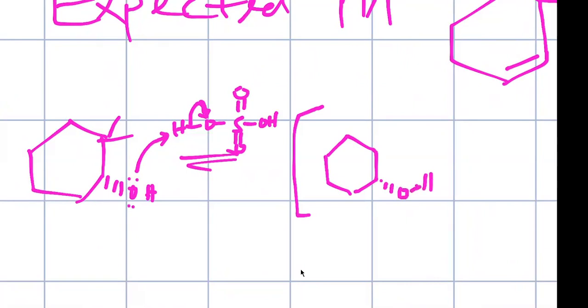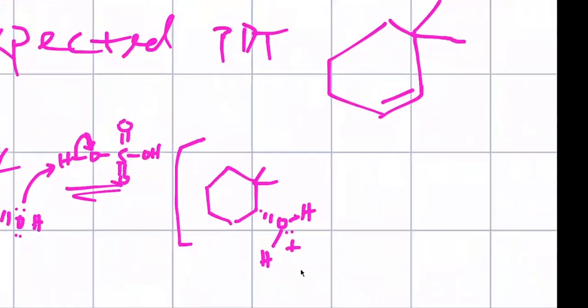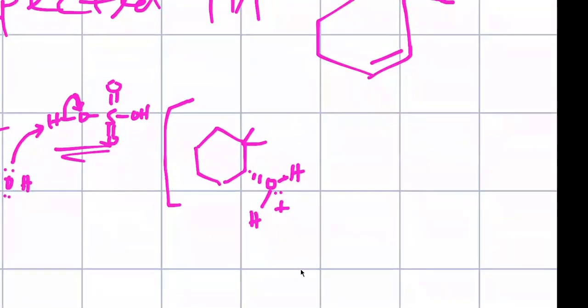So now this is water, and it's positive. And then that's going to leave, because that is my leaving group. That's going to leave and leave me a carbocation intermediate. Right there.